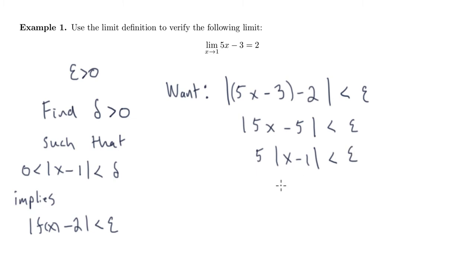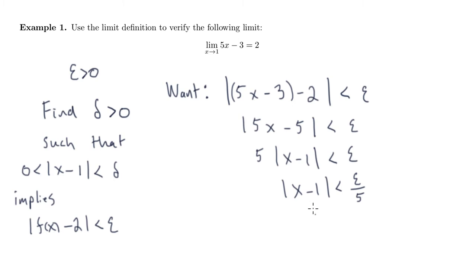And then if I divide both sides by 5, I see that the condition that the absolute value of f of x minus 2 is less than epsilon is the same thing as saying the absolute value of x minus 1 is less than epsilon over 5.